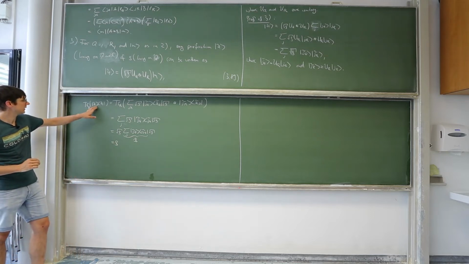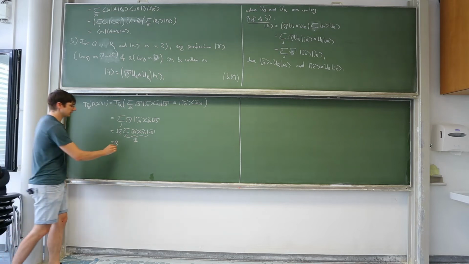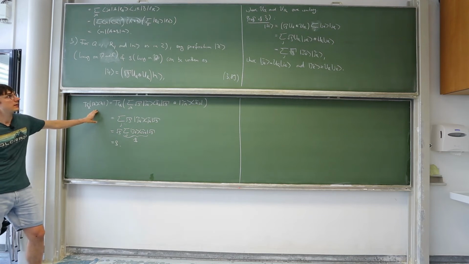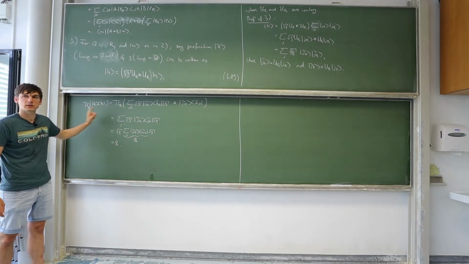And with this we see that psi is indeed a purification of rho, right? But yet it doesn't finish the proof, because the claim is that any purification can be written in this form. We just showed that this is a purification, right?